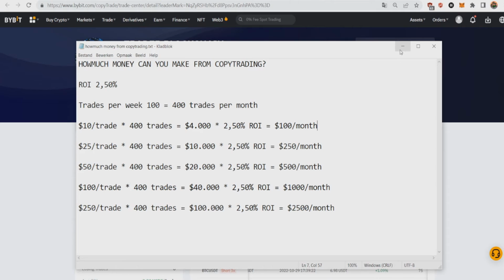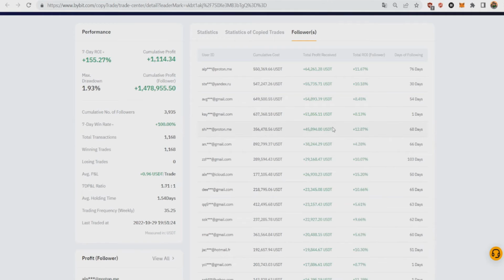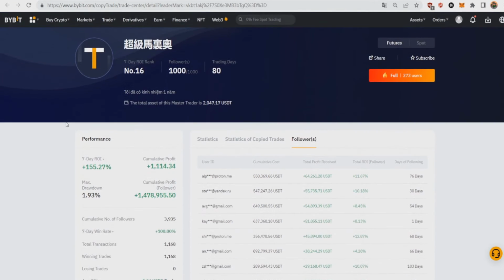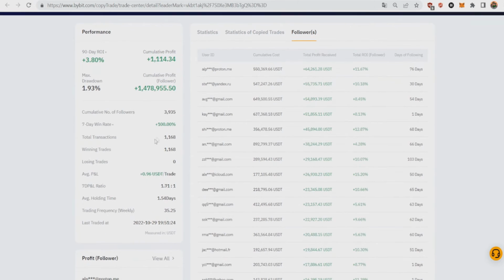So the next part I want to show you is, if you guys don't believe people make this much, how much do the biggest copy trader's followers make? So this one is amazing, guys. It's Fuldo, with his amazing return of investment. This was a lucky week, but usually he gets around 1.76 and up to 3.8, and he has done 1,168 trades without a loss.